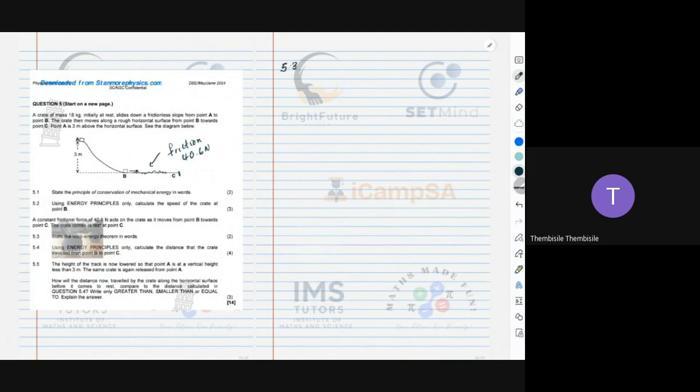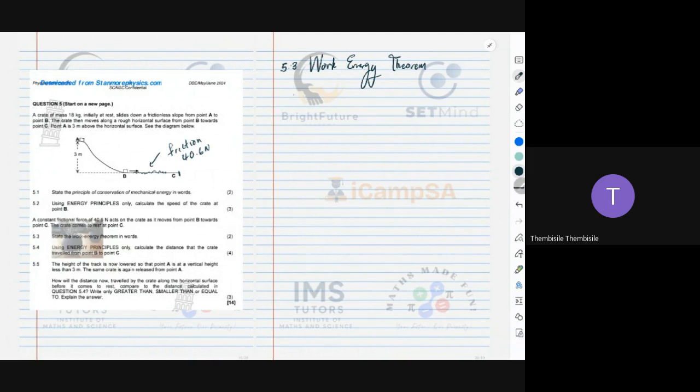Point 3. Work energy theorem. Okay. You can state it, right? Which in simple words, it says, let me put it here.